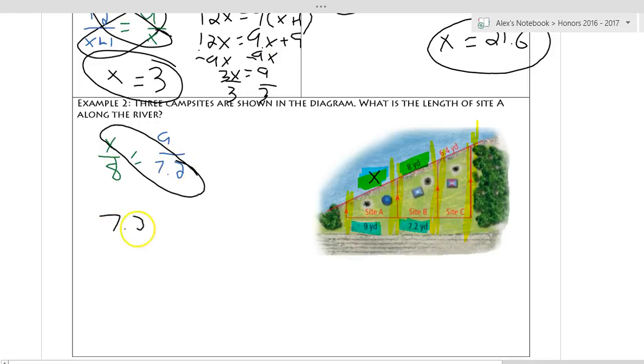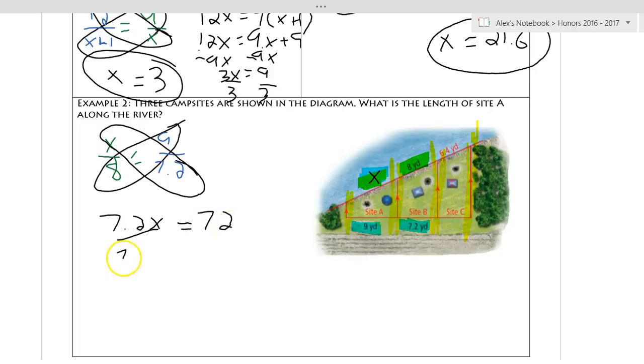I have 7.2x, and 9 times 8 is 72. I'm going to divide by 7.2, divide by 7.2. So x equals 72 divided by 7.2, which is simply 10. So the length of site A is 10 yards.